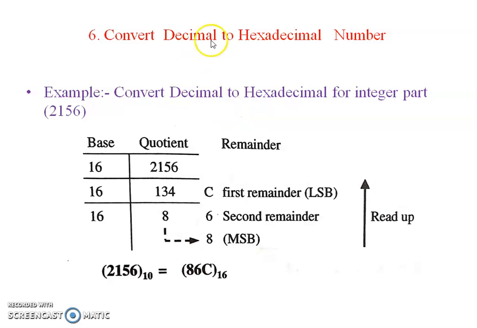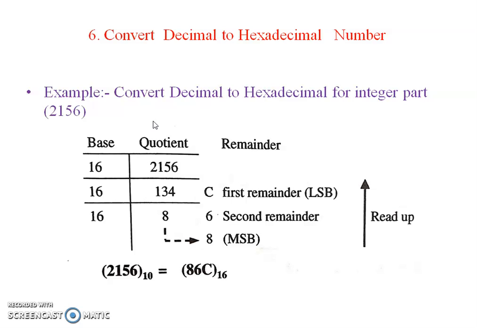Now we discuss how to convert decimal to hexadecimal number. To convert a decimal number to an equivalent hexadecimal number, the integer part of the decimal number is converted to hexadecimal by successive division by 16, and the fractional part of the decimal number is converted to hexadecimal by using successive multiplication by 16.